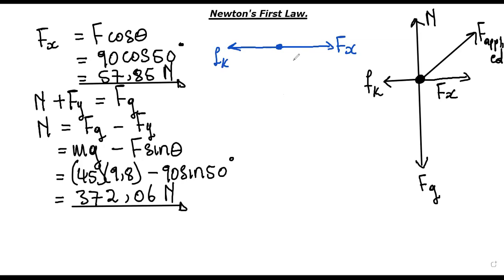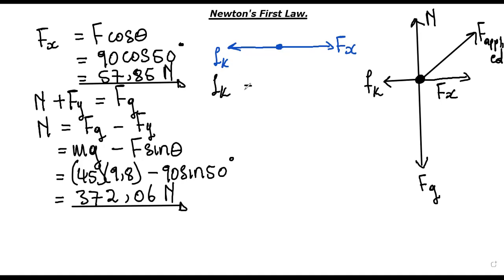They said this block is moving at a constant velocity. So if we look at these forces, we only have two forces which are going in the opposite direction. So we can safely say they are equal in magnitude.